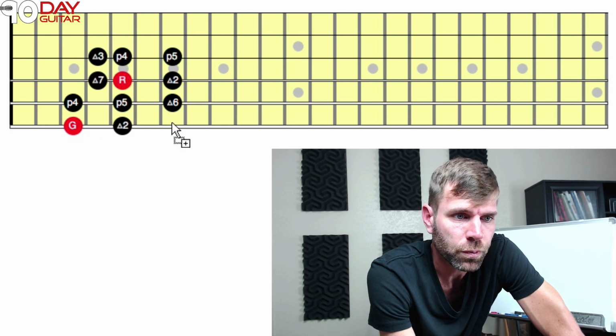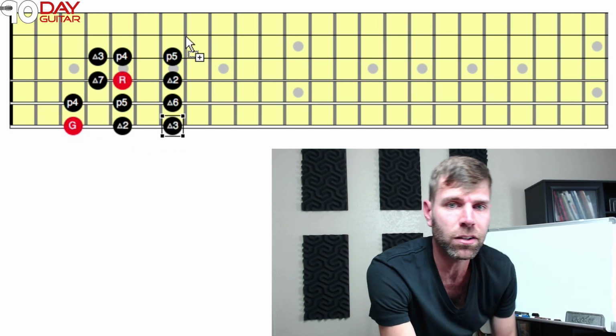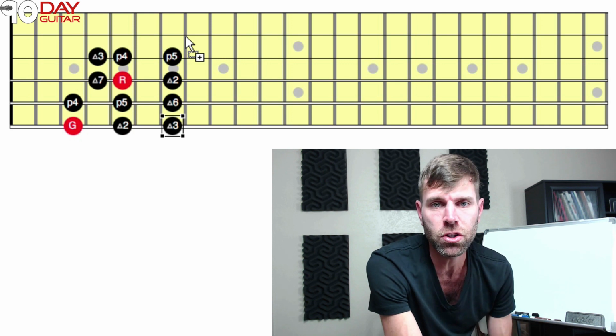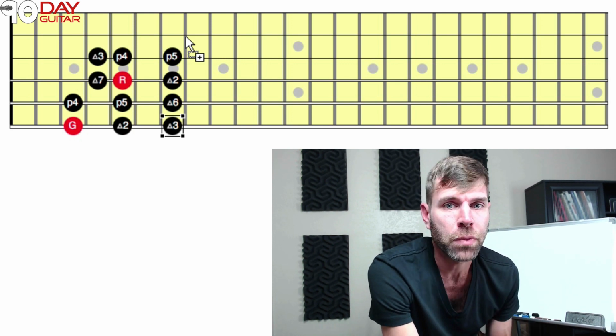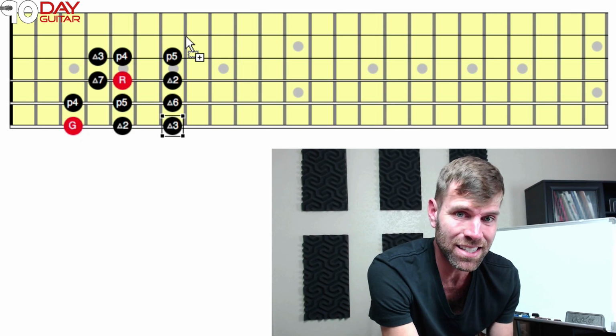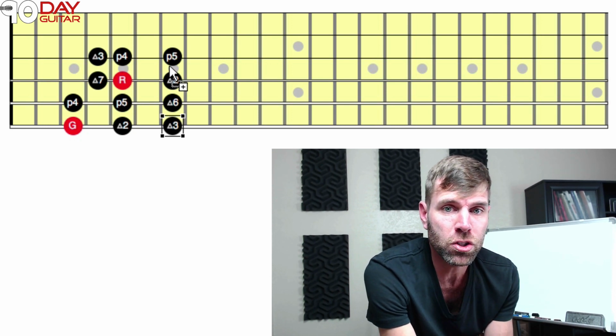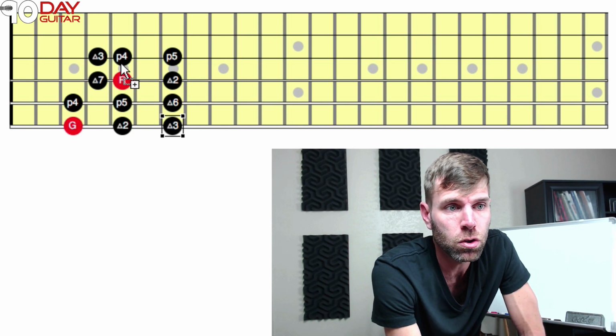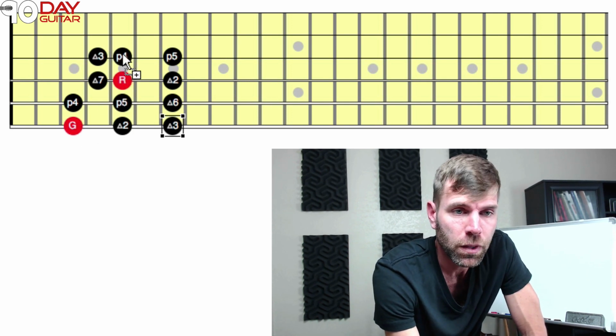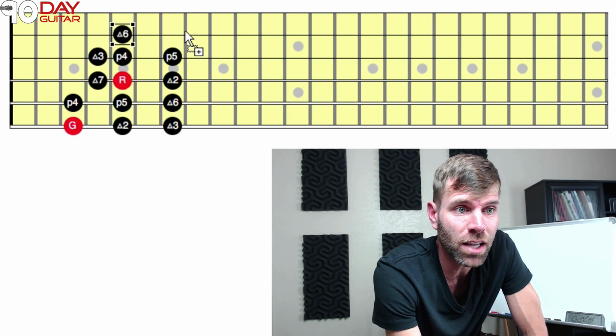So when we change patterns, we're just moving the location of the notes that are used in the key of G. And when we keep a pattern the same, then we just use the position of the root note in that pattern to tell us what key that scale is in.